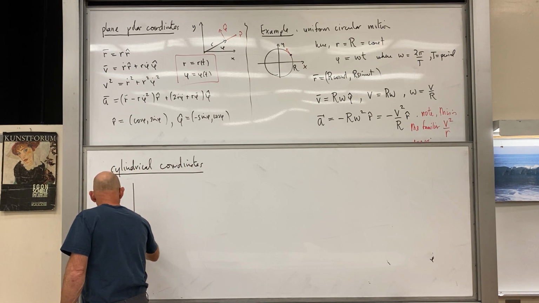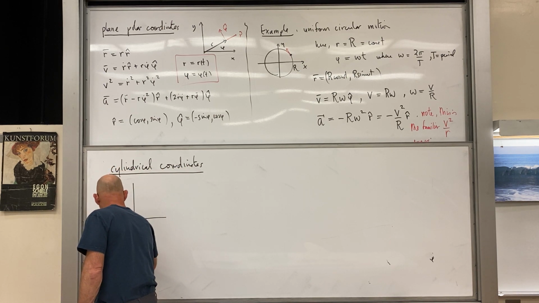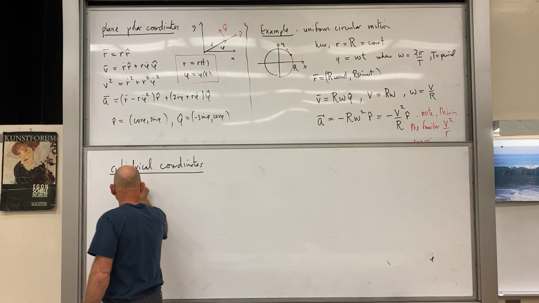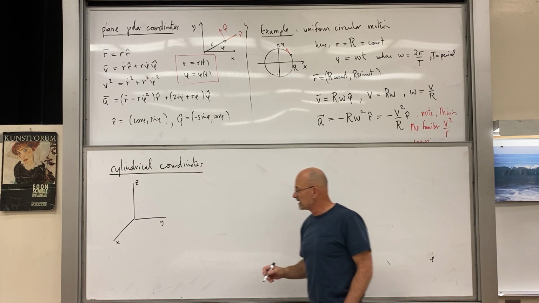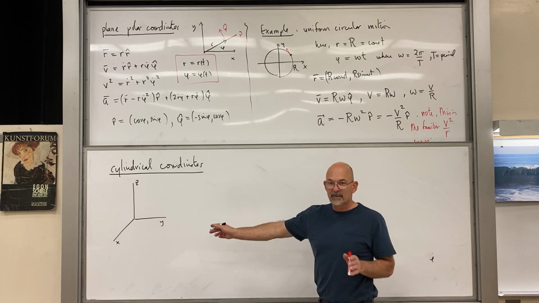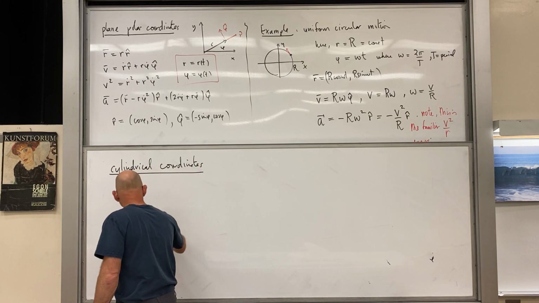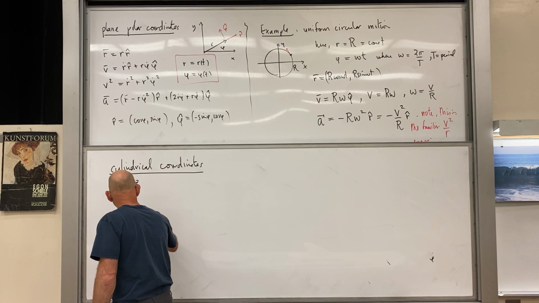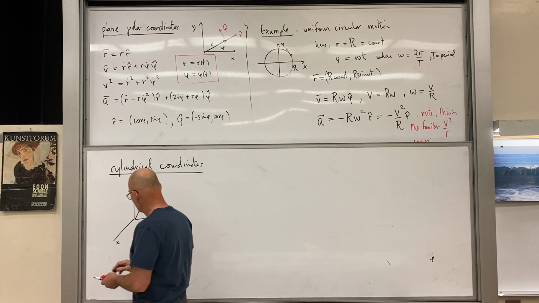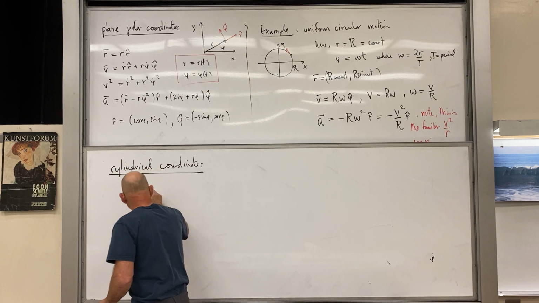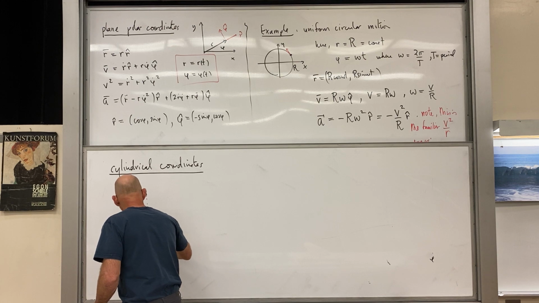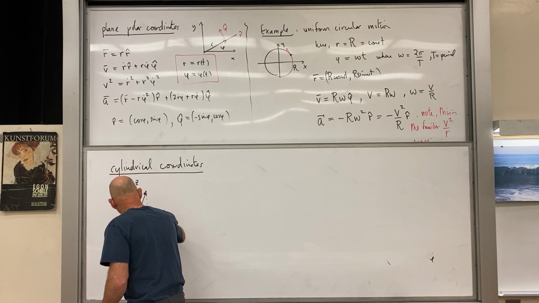So this time, we're going to have our three dimensions like this, x coming out of the board. And we'll take a vector to say, here, there's an R, but we have to define its projection into the plane here.